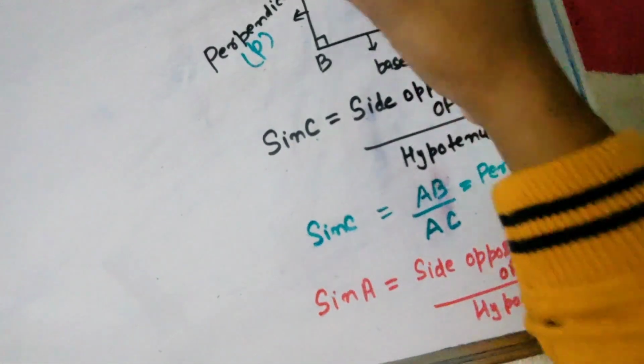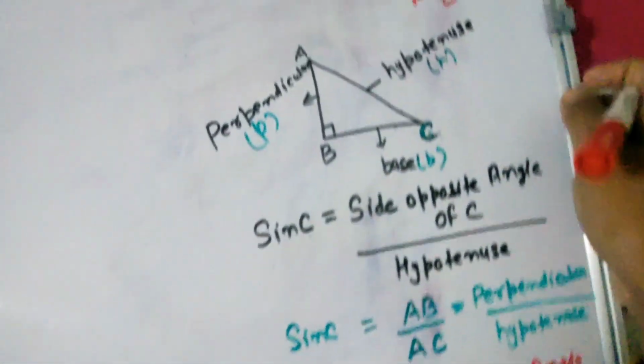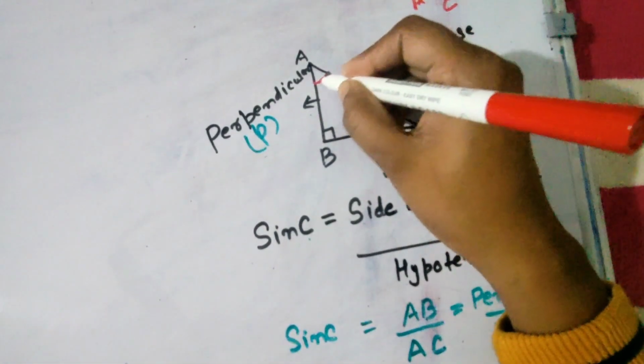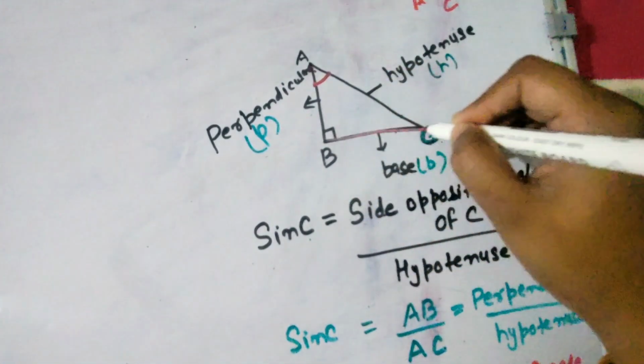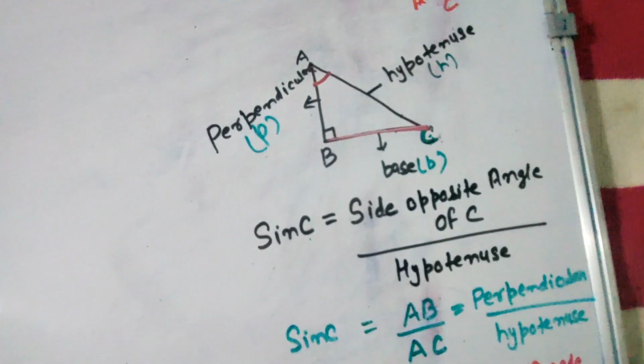Here, sine angle A, I find this in the figure. Then this angle, opposite side of the angle, side what? BC.